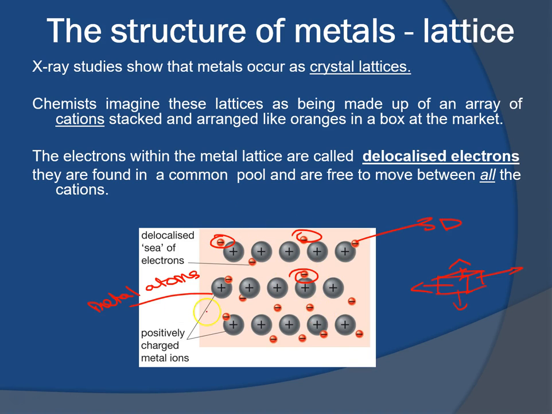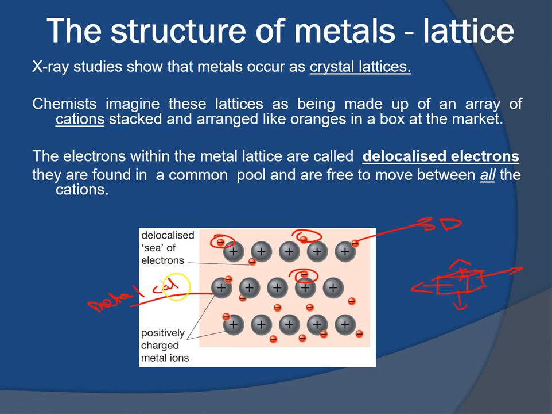Okay, so there's still one metal atom with its right number of electrons, so it's neutral overall, but in the lattice we have metal cations, because they don't have their electrons around them straight away.